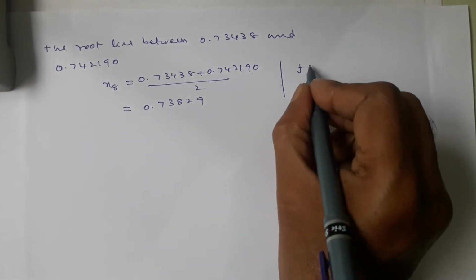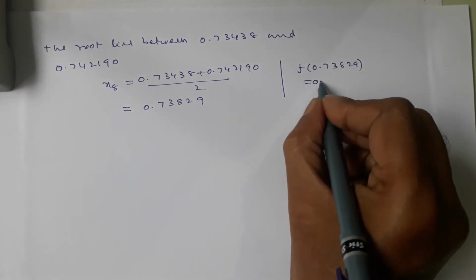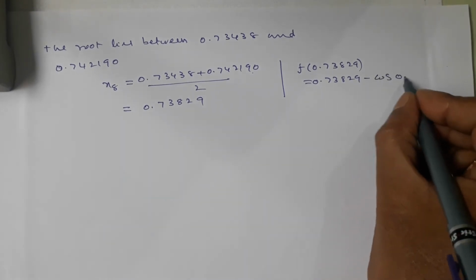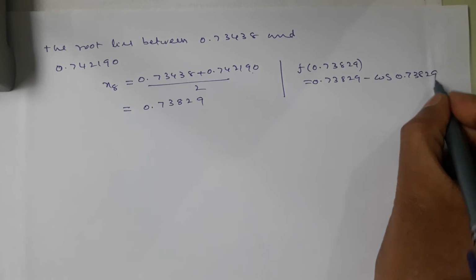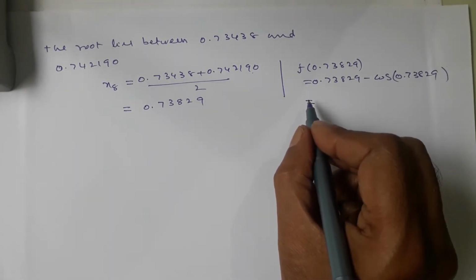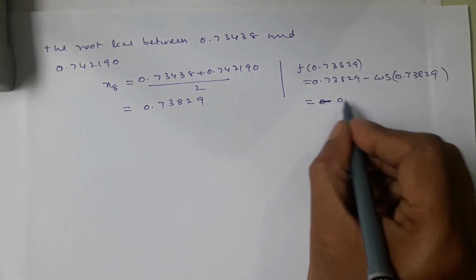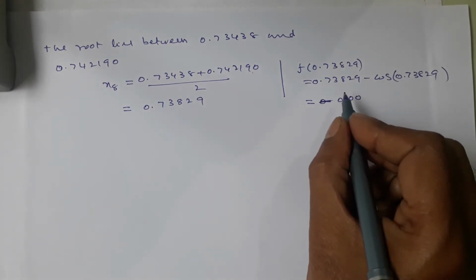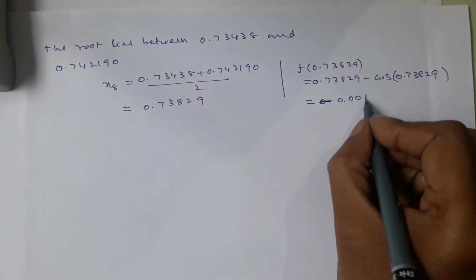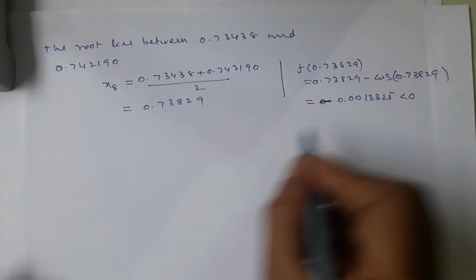So f of 0.73829 is equal to 0.73829 minus cos 0.73829 is equal to minus 0.0013325, which is less than 0.